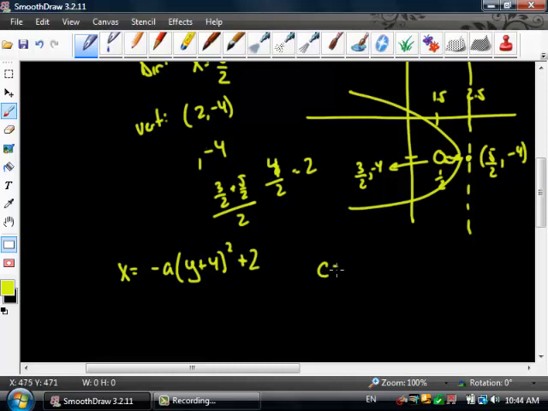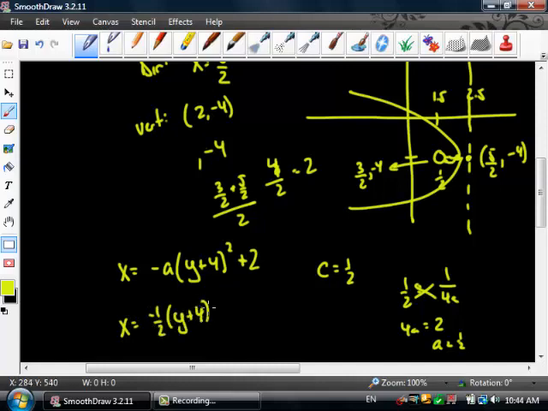So that's c, so c equals 1/2. So 1/2 equals 1 over 4a. Cross multiply, 4a equals 2. A equals 1/2. So it should be x equals negative 1/2, y plus 4 squared plus 2.